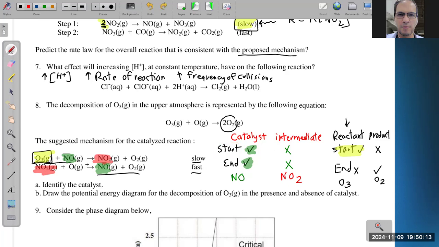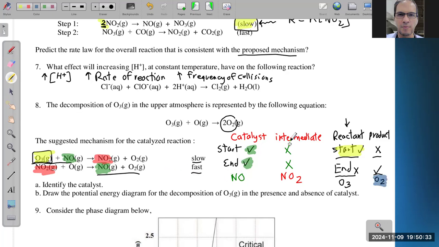ظهرت في النص واختفت. So if your substance starts at the beginning and does not show at the end, it is a reactant. If it's not at the beginning and it shows at the end, it is a product. طب if it is at the beginning and at the end, both of them, it is a catalyst.